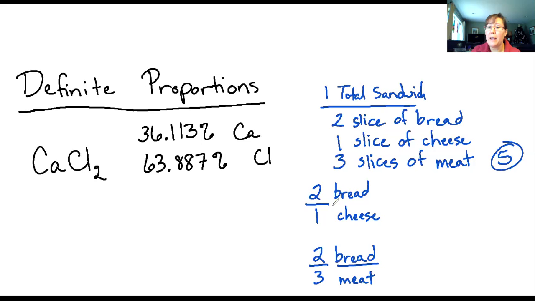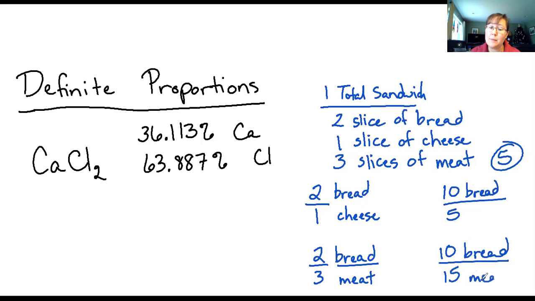Okay, well, we can then use this information to say that in 5 sandwiches I will have 10 slices of bread and 5 slices of cheese, or 10 slices of bread and 15 pieces of meat. So this is proportions math, ratios math that you would do in your head, and we're going to do it the same way here.